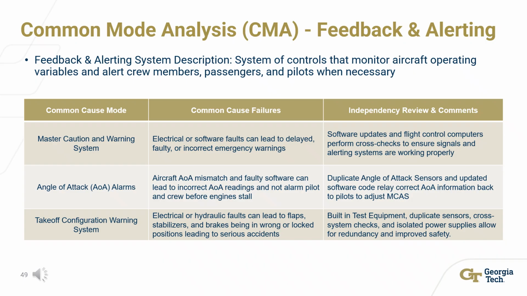Again, common cause failures and independency review and comments are listed in the corresponding rows. Since the focus is on MCAS, we look at the angle of attack alarms and see in the independency review and comments that the angle of attack sensors have been duplicated, the software has been updated, and this now relays correct AOA information back to the pilots to adjust MCAS, improving safety post-accidents.